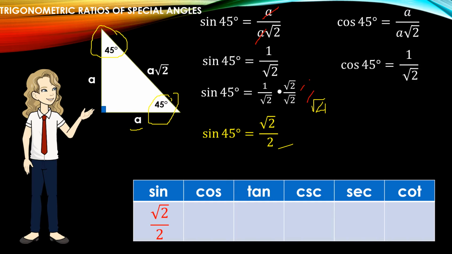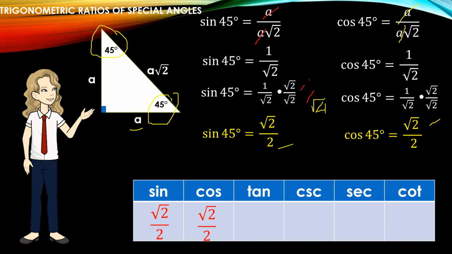Then, cancel A. So we have 1 over square root of 2. Then, rationalize again, multiplying by square root of 2, numerator and denominator. Then 1 times square root of 2 is square root of 2. Then square root of 2 times square root of 2 is square root of 4, and square root of 4 is 2. So, cosine 45 is square root of 2 over 2. So, sine 45 and cosine 45 are the same.